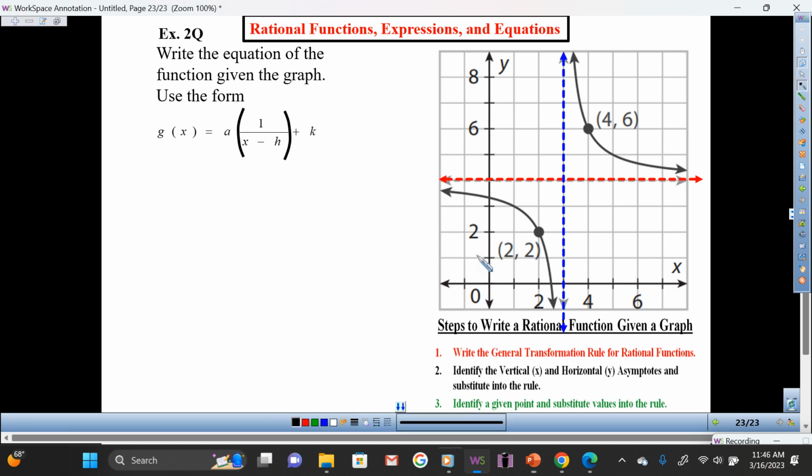This is 1, 2, 3. This is 4. This is 1, 2. This is 3. And my points here and here. All right? See if you can do that one by yourself. Copy and go.